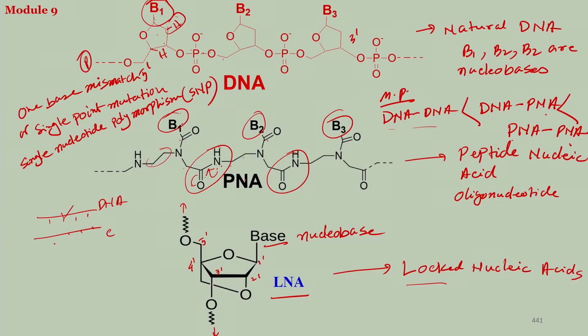It allows better hybridization, better stacking between the nucleobases. So, that is another stabilizing factor for the DNA-PNA double helix. These two are the prime factors responsible for the better binding property of PNA.